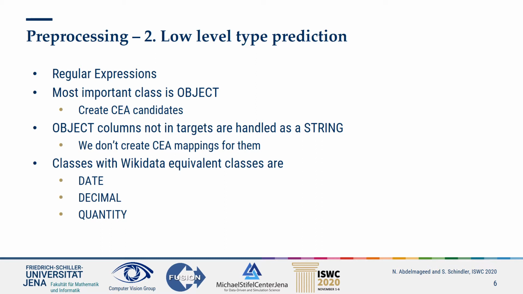One special case about object columns: if we have classified a column as an object column, but it's not listed in the given targets, we handle it like a string property. Along with the others, all of them contribute towards creating the CPA task.